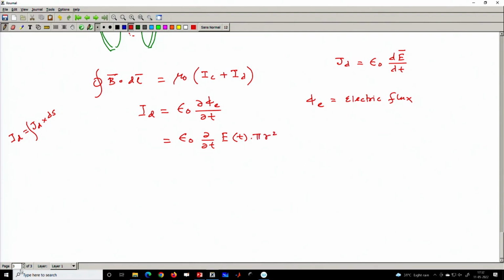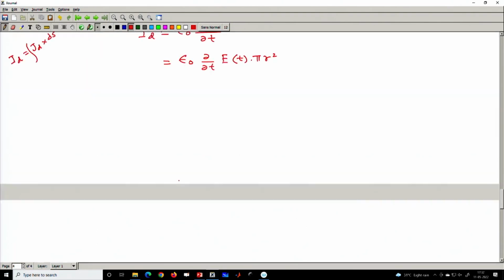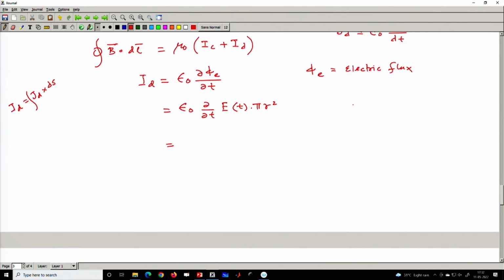Let me find out E then. E here, which is a function of time, is sigma(t) divided by epsilon naught.